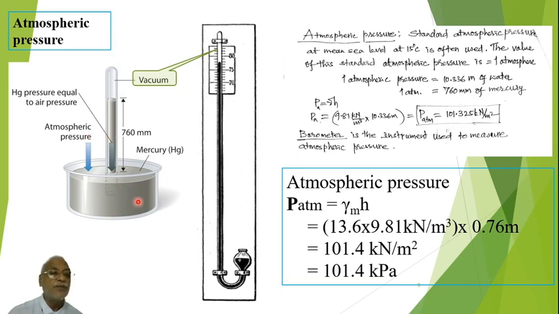What happens is mercury goes down a little inside, but it stops. Because here there is an atmospheric pressure which is trying to push this mercury into the tube, and this pressure pushes it through a height of 760 mm.